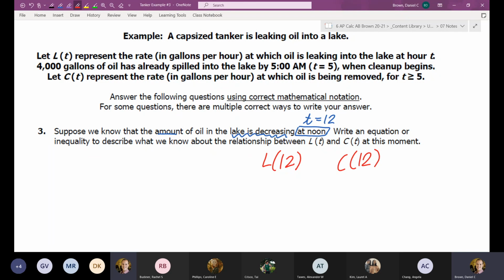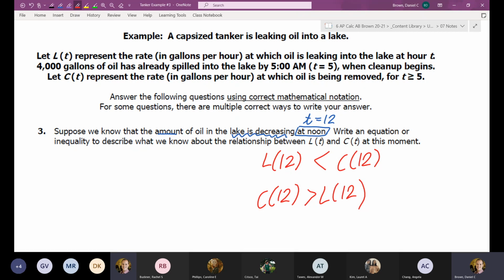Which one's going to be the bigger one? The cleaning up, right? So leaking is the slower one, cleanup will be happening faster. Could have also written that backwards. C of 12 would have to be greater than L of 12. Personally, I would probably write it that way.